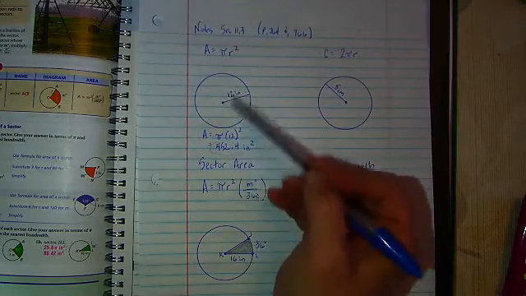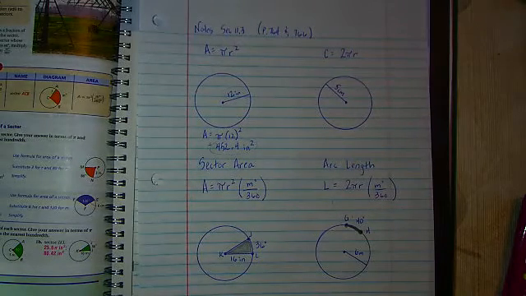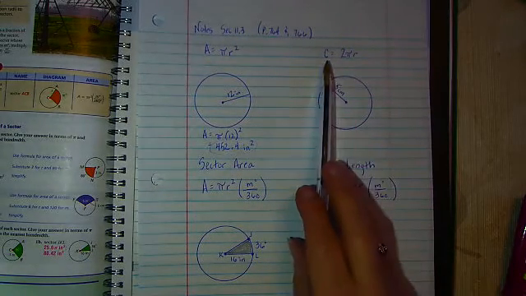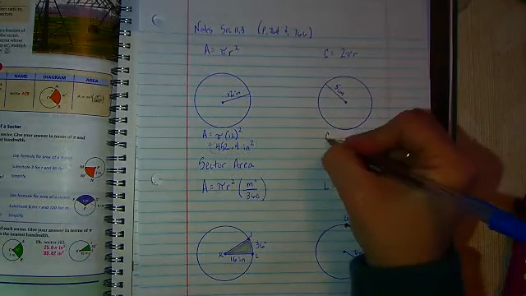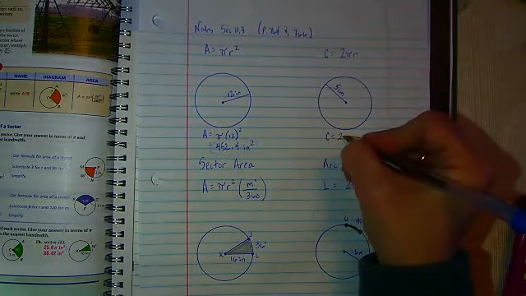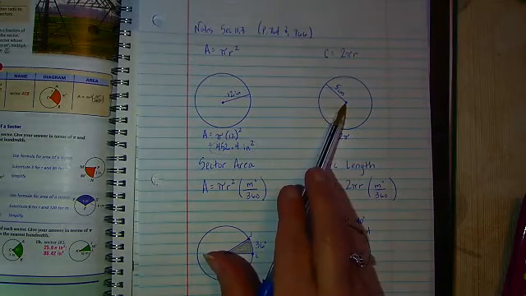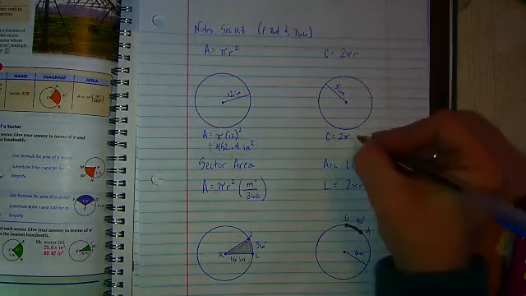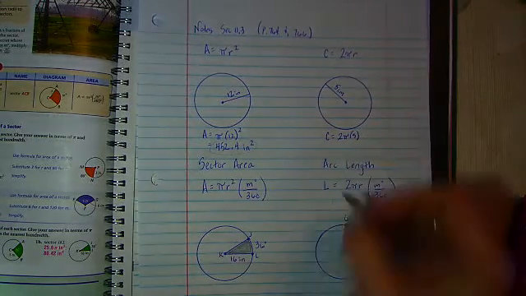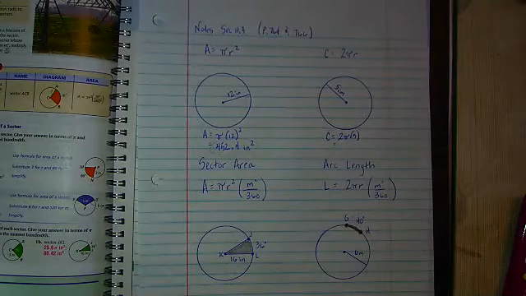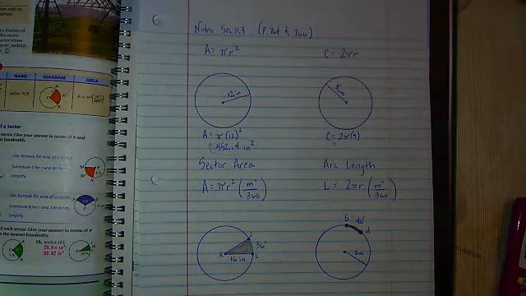Again, all the space inside. For circumference, there's our formula up there. We've got 2 pi times the radius. In our figure here, we can see the radius is 5 centimeters. So on your calculator, we're going to take 2 times pi times 5.